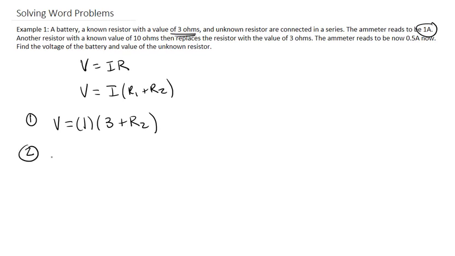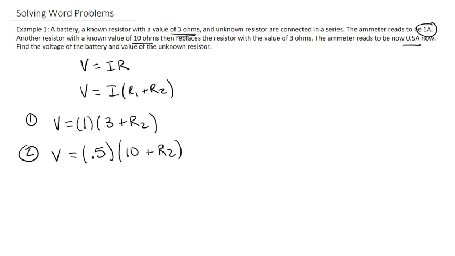Our next equation has the same voltage, but this time we have a resistor of 10 ohms, and the current is 0.5 amps. So we put 0.5 times 10 plus R2, because we're solving for the second resistor and the voltage. So now we have our two equations.